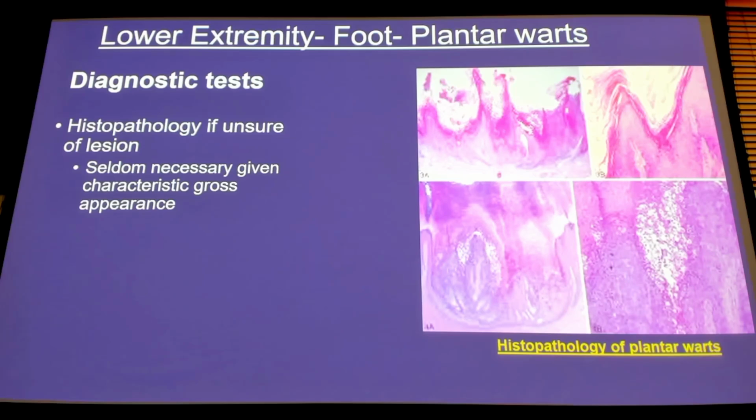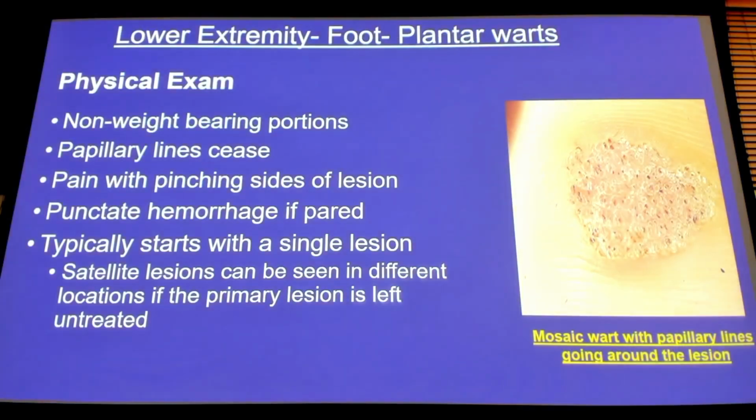But once you pare it down, you either send it to the lab or you can take a slide of it, if you have a little lab room at your clinic, and then look at it under the microscope. But this is a clinical diagnosis, so 9 times out of 10, you really don't need anything else to apply the treatment.